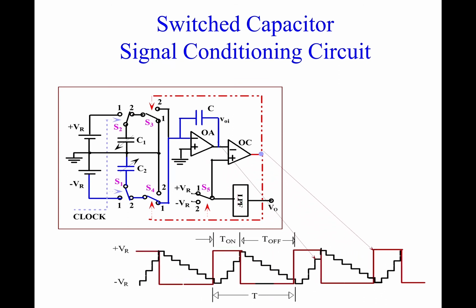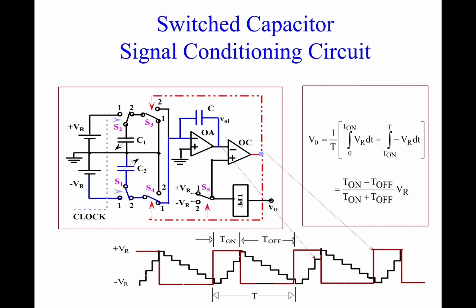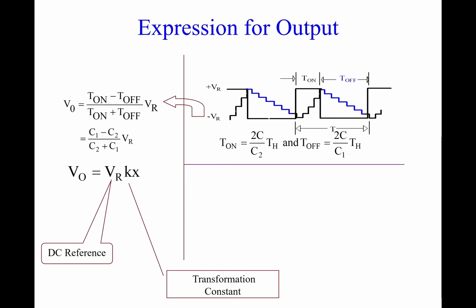We have an on period where comparator is 1, and an off period where comparator is 0. So if we look at the output of the low pass filter, which is the average value of this pulse train, we calculate this to be T on minus T off by T on plus T off, the same as the previous one.